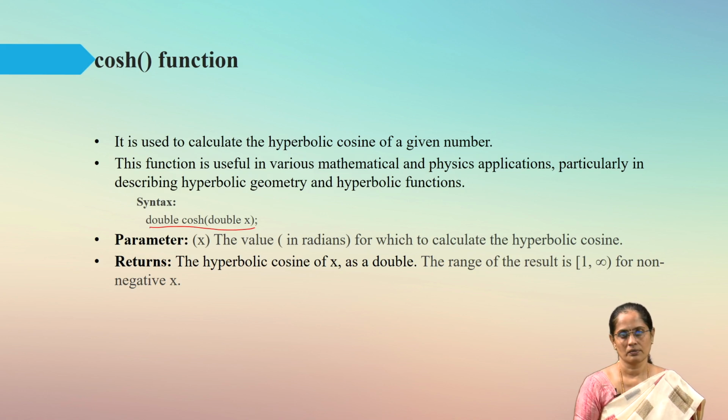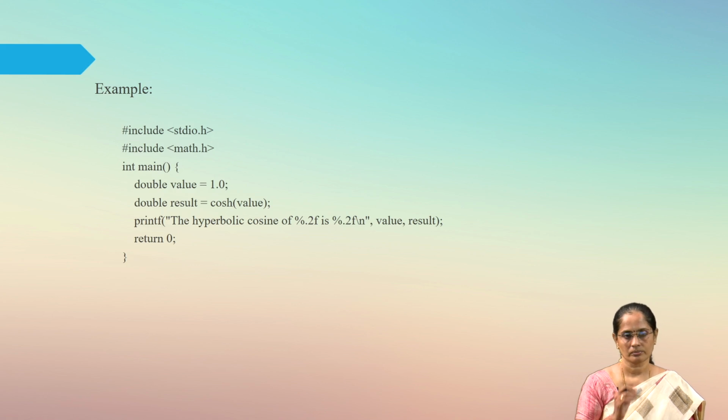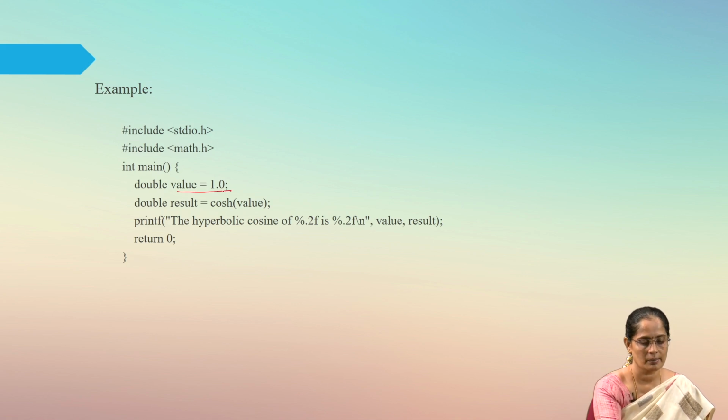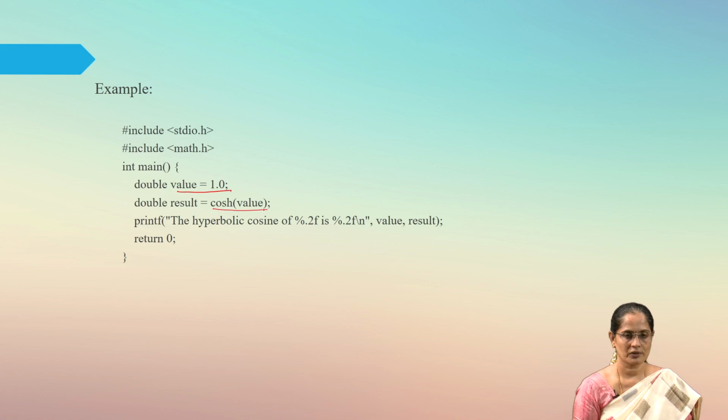Here also we can give the input in the form of radians and the output will be in the range 1 to infinity for non-negative x values. This is a way it can be used in the program. Be careful on declaring a double type variable, and that variable has to be passed as input for the cosh function to get the hyperbolic cosine value.